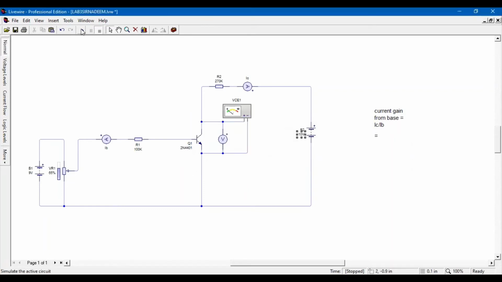Next, we run the circuit. Okay, we can see the value is 36.96 microampere.